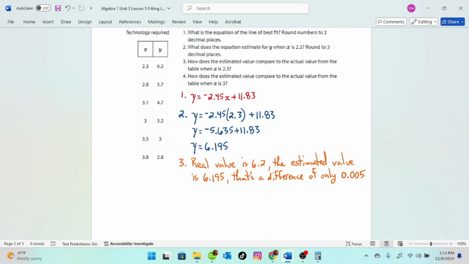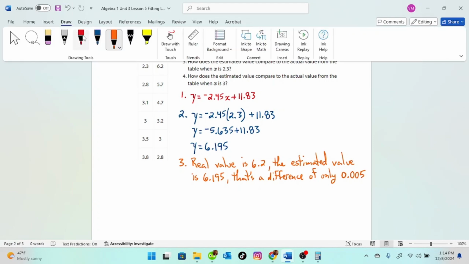And if you were to round, it would actually round the 9, would round the 1 up to 2. So the real value and the estimated value are within the rounding difference. So that is extremely close.